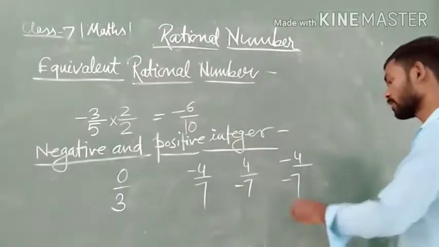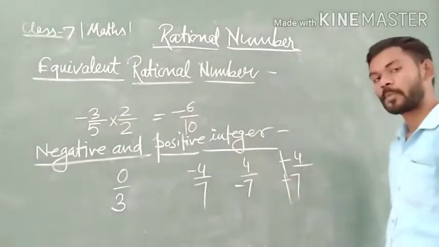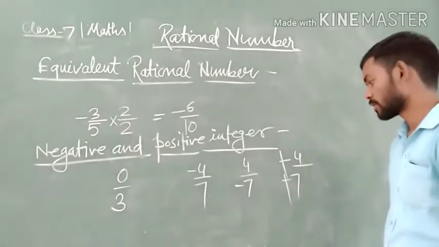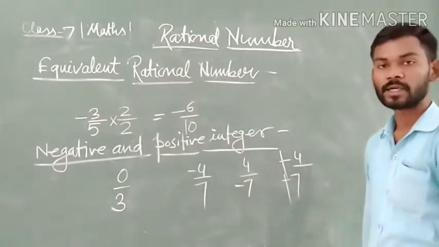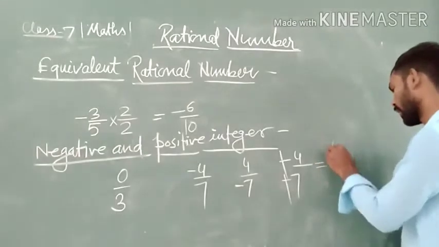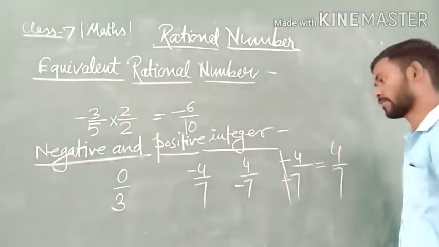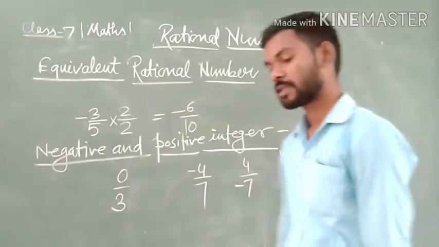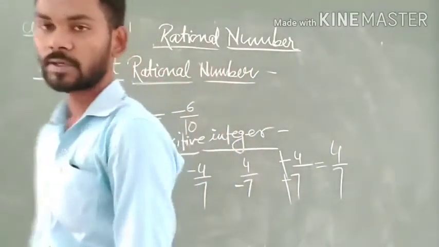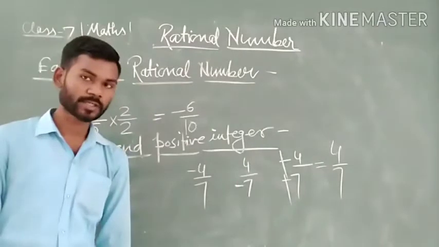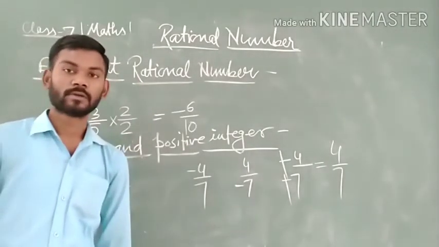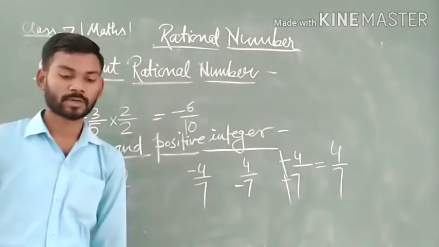But sometimes it is preferred as a positive rational number, because the minus signs on both cancel out and it becomes 4 upon 7, and hence minus 4 upon minus 7 becomes a positive rational number. Okay students, I hope this concept is clear to everyone.